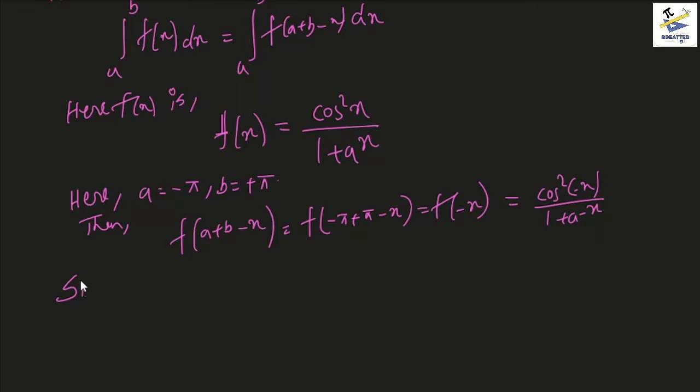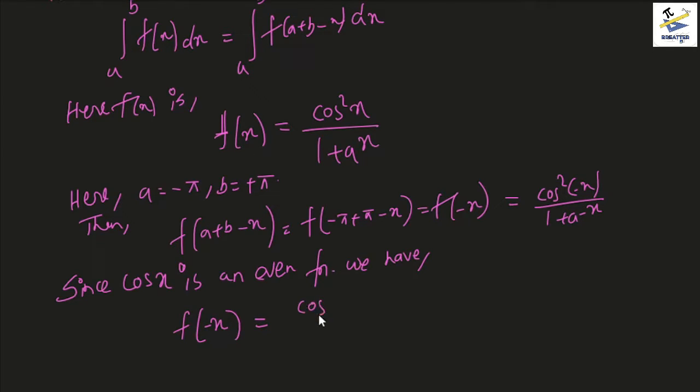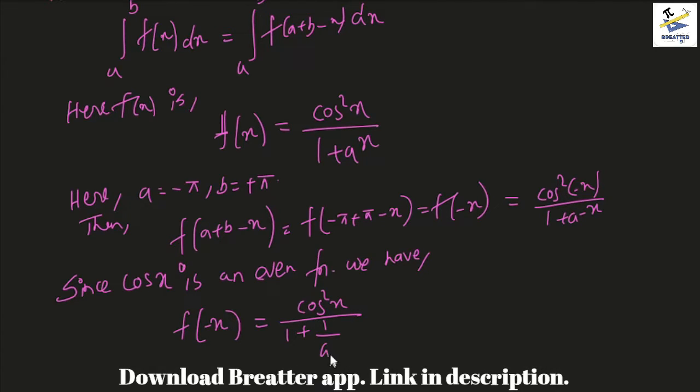Since cos x is an even function, we have f of minus x equals cos square x by 1 plus, and a to the power minus x can simply be written as 1 by a to the power x.